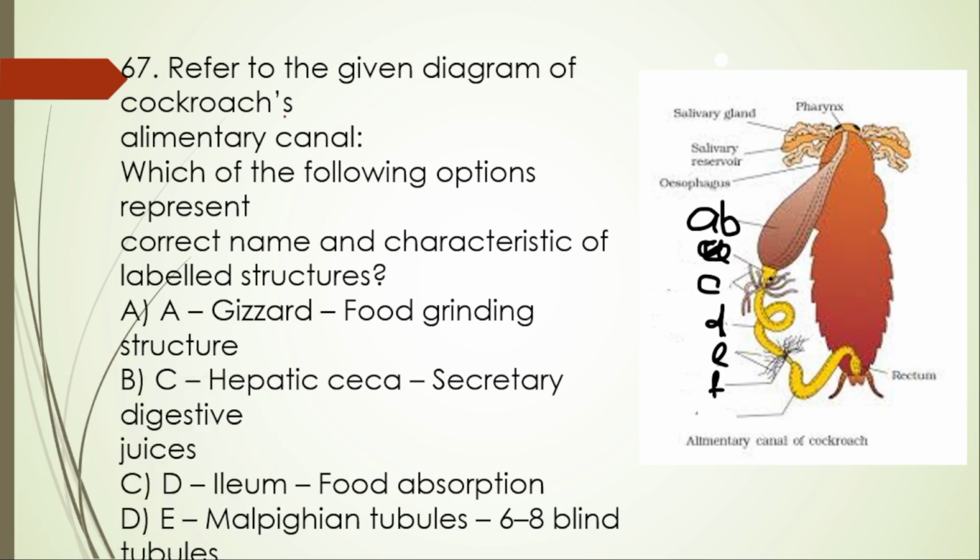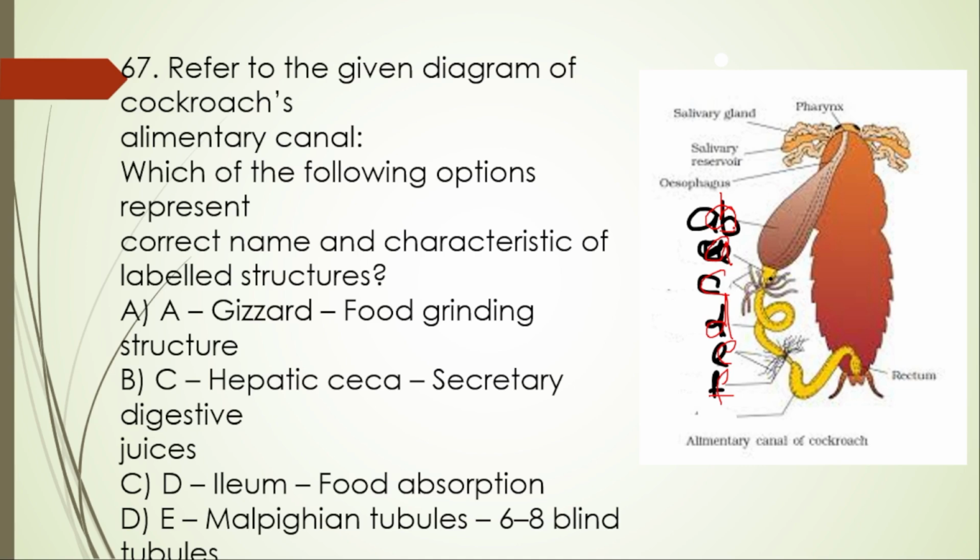Refer to the given diagram of the cockroach alimentary canal. Which of the following options represents correct name and characteristic of the labeled structure? See here the labelings are given: A, B, C, D, E and then F. Here A is gizzard and food grinding structure, this one is right.